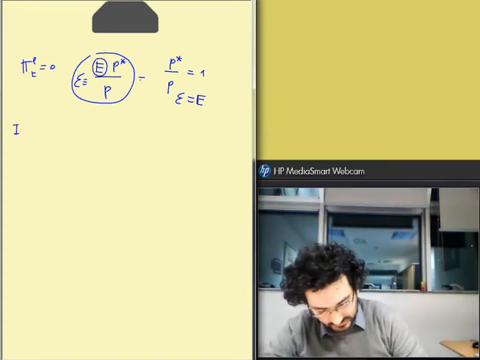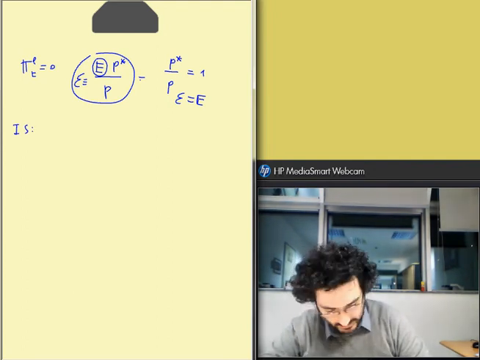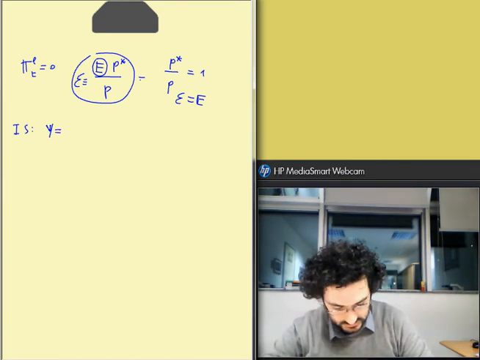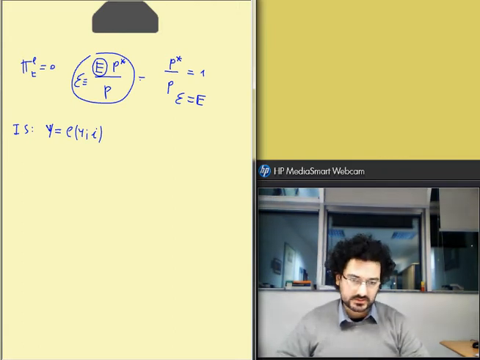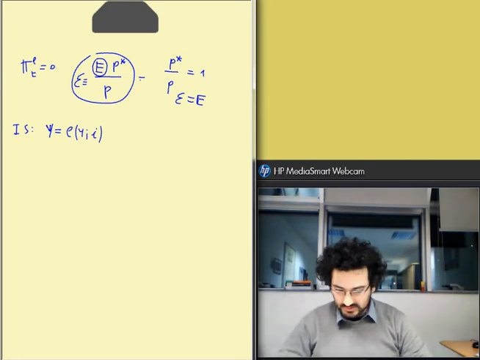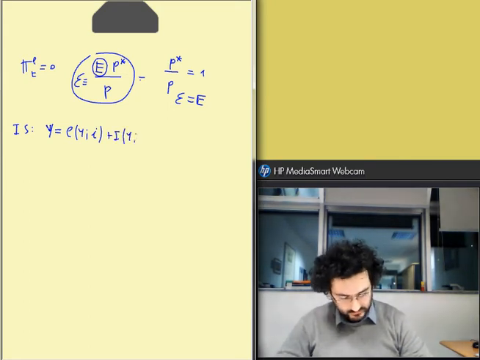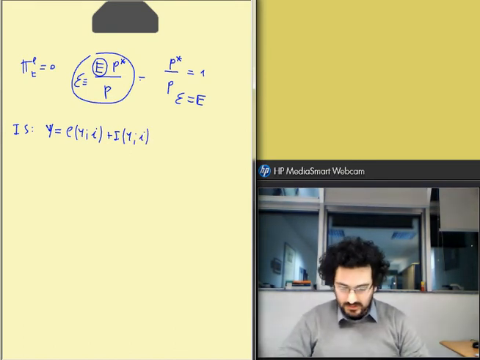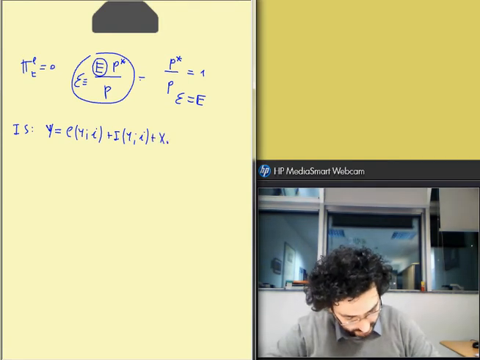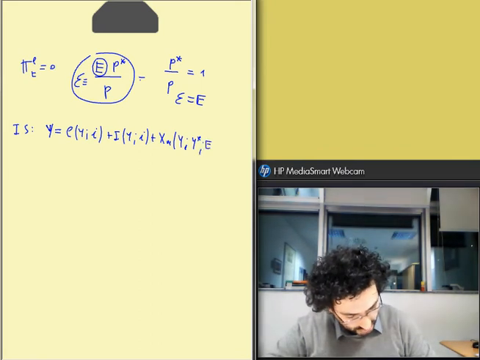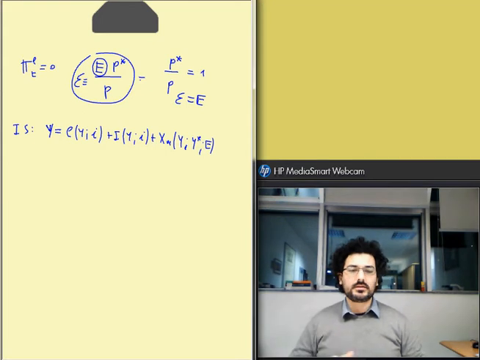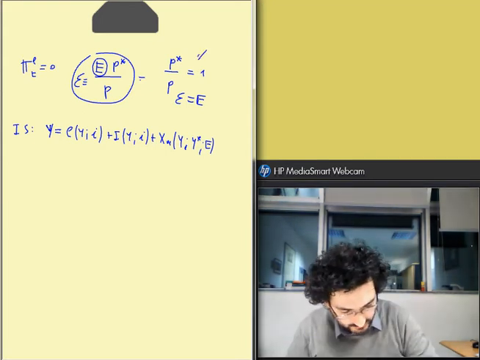So we can write again our IS equation. The equilibrium condition is that income is equal to consumption, which is a function of y, the real income, and the nominal interest rate, because the nominal interest rate is equal to the real interest rate, the same for the investment, which is a function of income and nominal interest rate, plus net export, which is a function of the national income, of the foreign income, or world income or international trade, and the nominal exchange rate, because the nominal exchange rate is equal to the real effective exchange rate under this assumption.